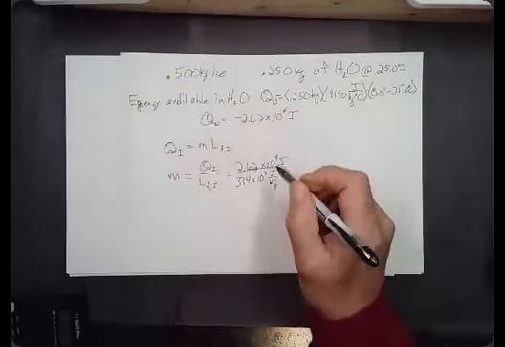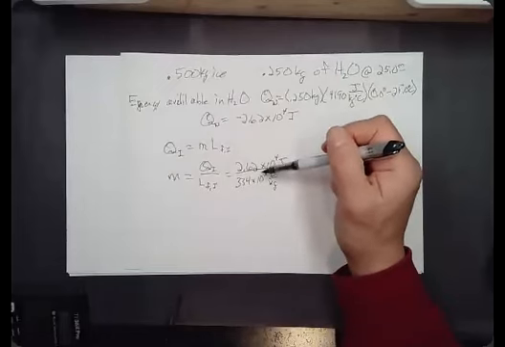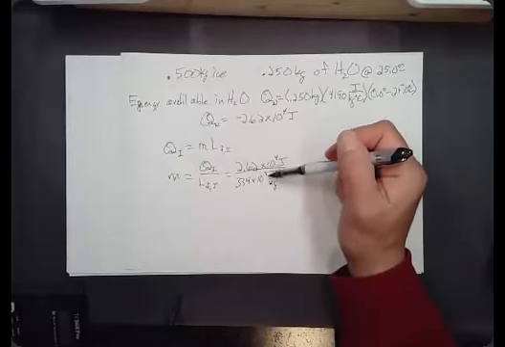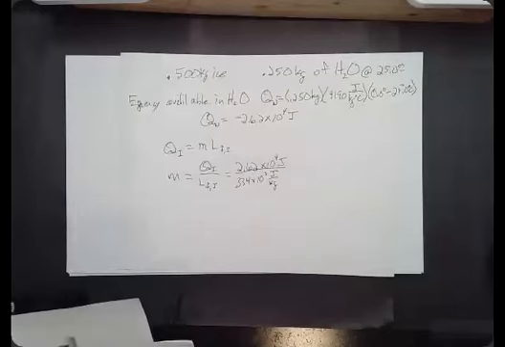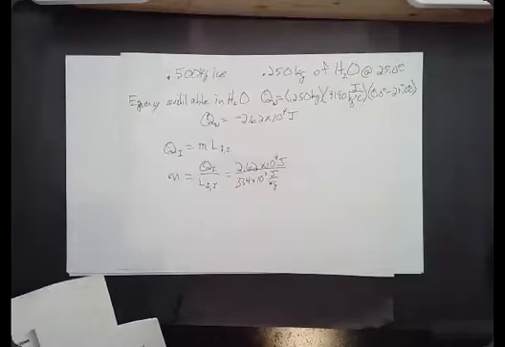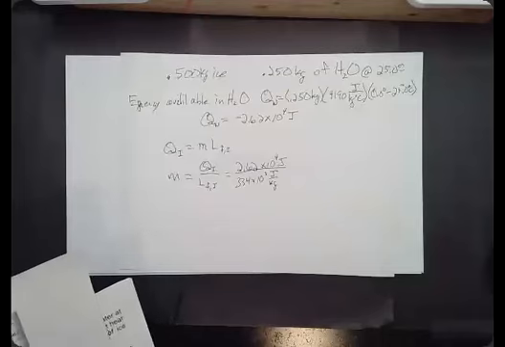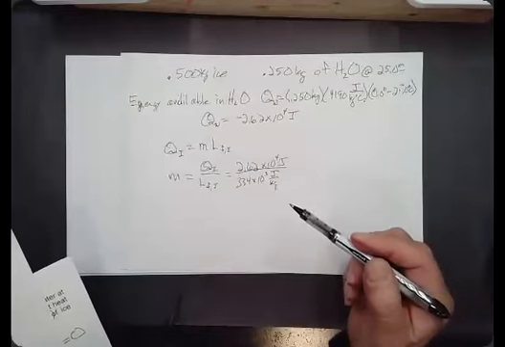I'm not sure why, with these heats of fusion and vaporization, they're written with a 10 to the third exponent. Usually we'd think of this as 3.34 times 10 to the fifth joules per kilogram. Maybe that's just the most convenient thing.